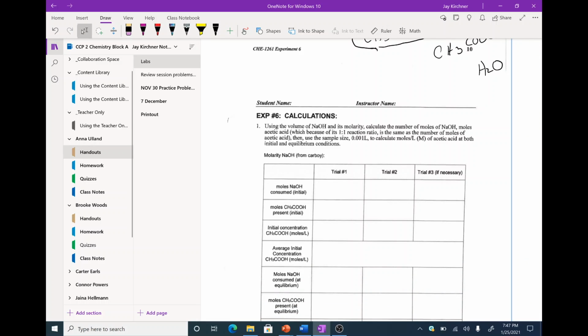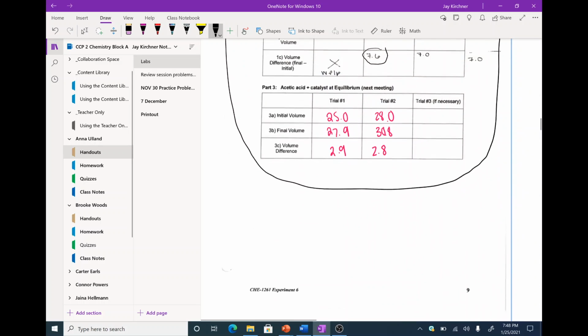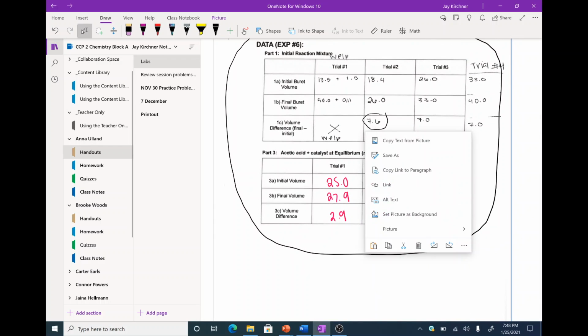So the big thing I have to tell you is this. Your NaOH concentration was 0.5 molar. So how do we get to moles of NaOH consumed? We take the 0.5 molar times the amount of liters that happened in the titration. We did 2 trials, as Anna shows up here. First trial we saw we did 7.6.